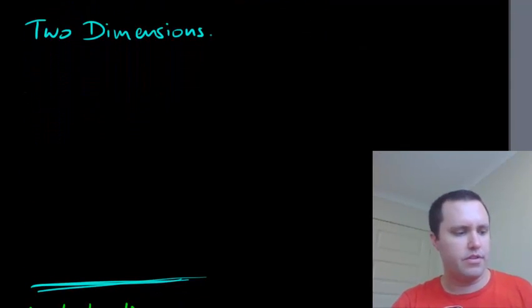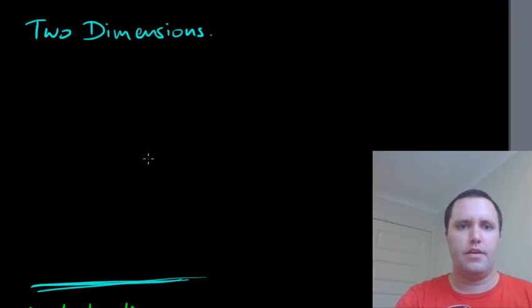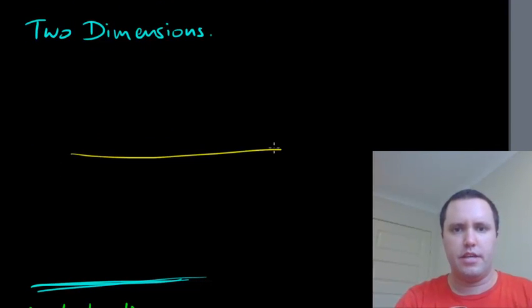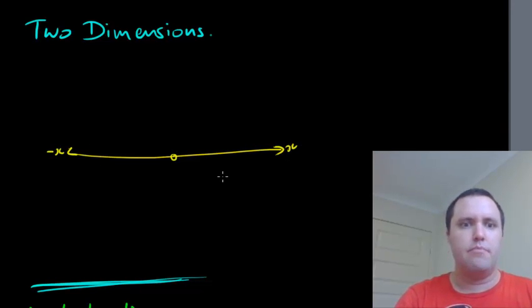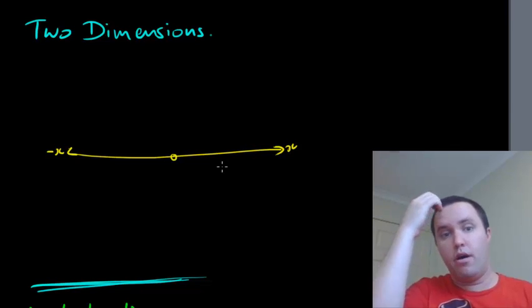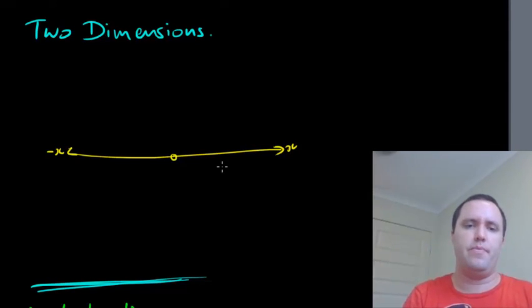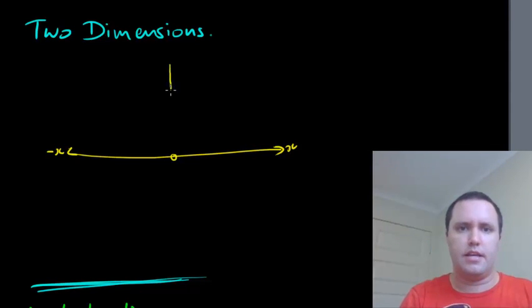So then that moves us along from one dimension to two dimensions. When we move into two dimensions, we have across here an x-axis. But if I multiply this dimension by another dimension, we end up with this thing like this, and you might have seen it before. It's the xy plane.